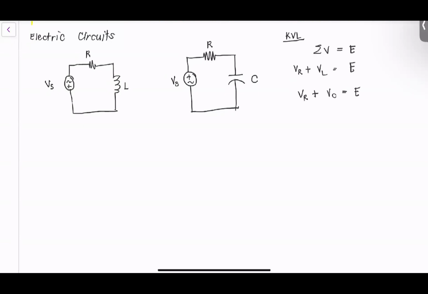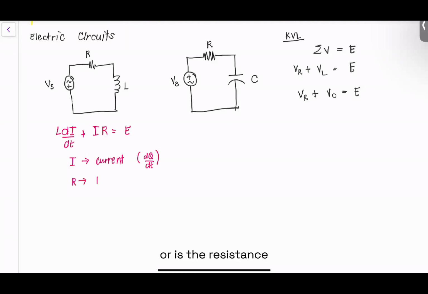We can have it as L di over dt, which is the voltage in the inductor, plus IR is equal to E. Where I is the current, which is the flow of electrons, R is the resistance, E, which is the supply voltage, is the electromotive force, and L is the inductance.